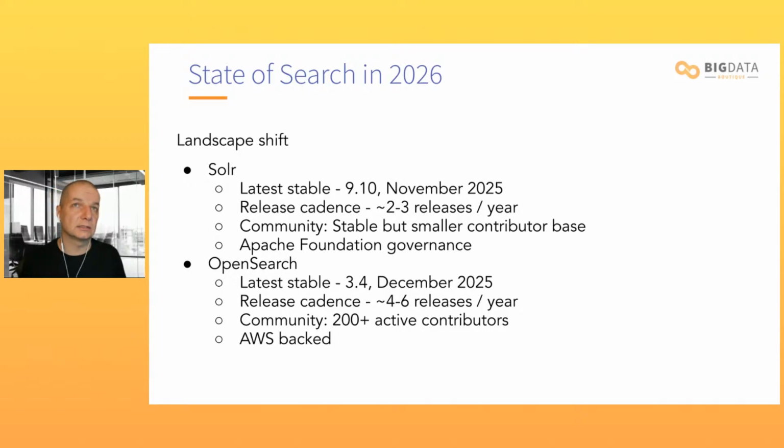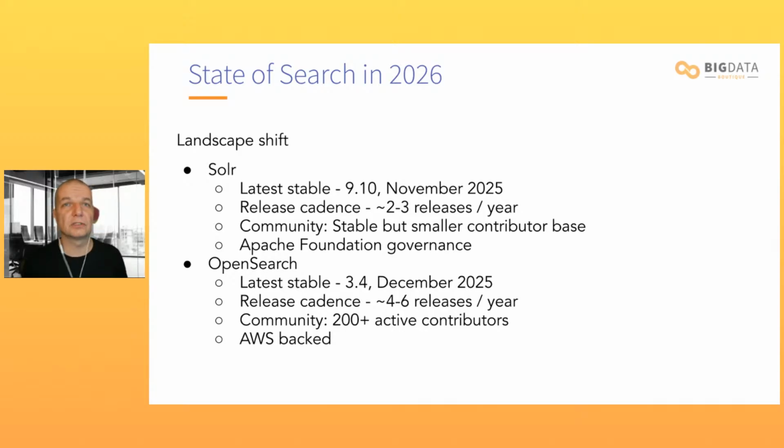And of course, we can't ignore the fact that Solr is Apache Foundation based. So the community over code and so on, it's nothing bad. It's really great. On the other side, we have a commercial entity behind OpenSearch.